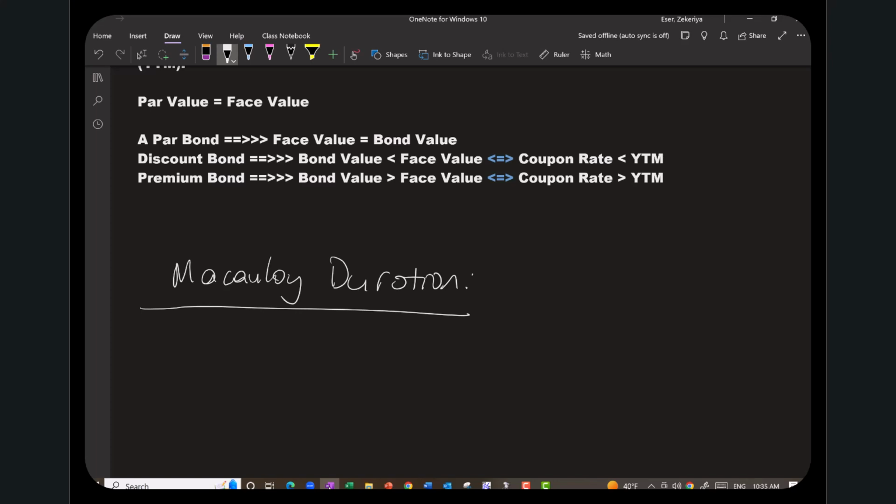But the trouble is, when there are coupons, you're going to get some of the money in 6 months, some of the money in 20 years, some of the money in 30 years. So we kind of need a summary number. So Macaulay duration is a concept of weighted maturity.